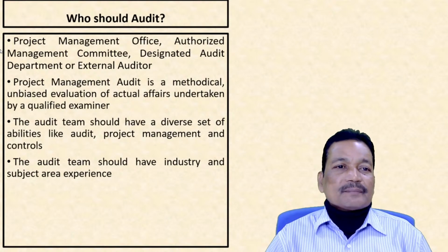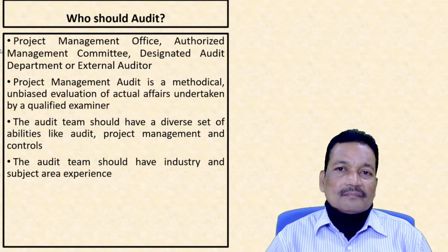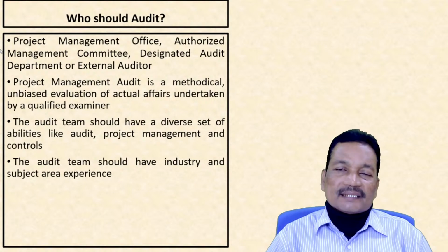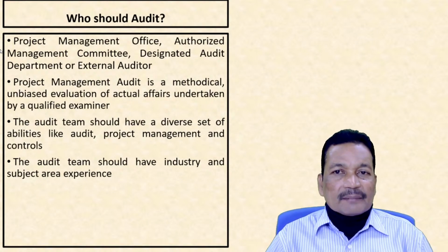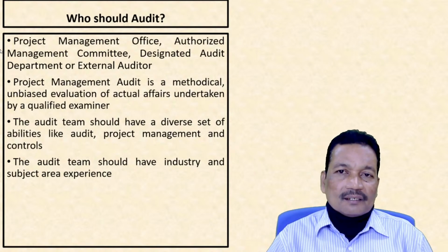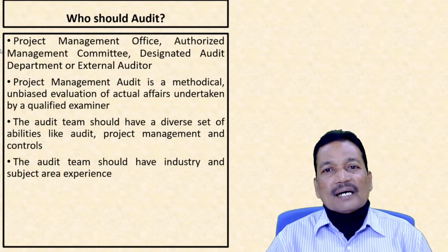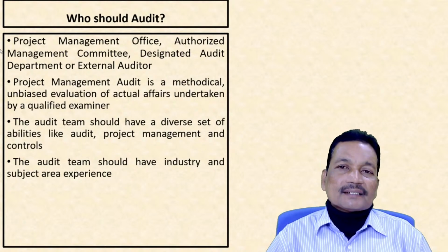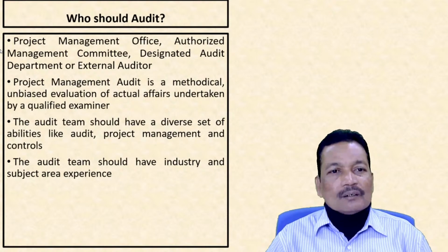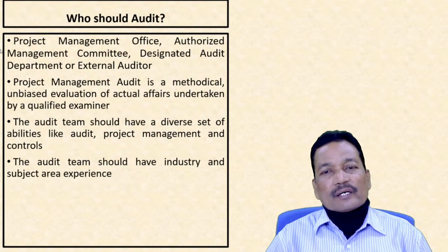Another is authorized management committee. Now, if the top management wants to see whether the project is going as per the set standards or not, it may appoint a team outside the project who will try to assess the project's performance either till date or at its completion. And the third one is designated audit department.